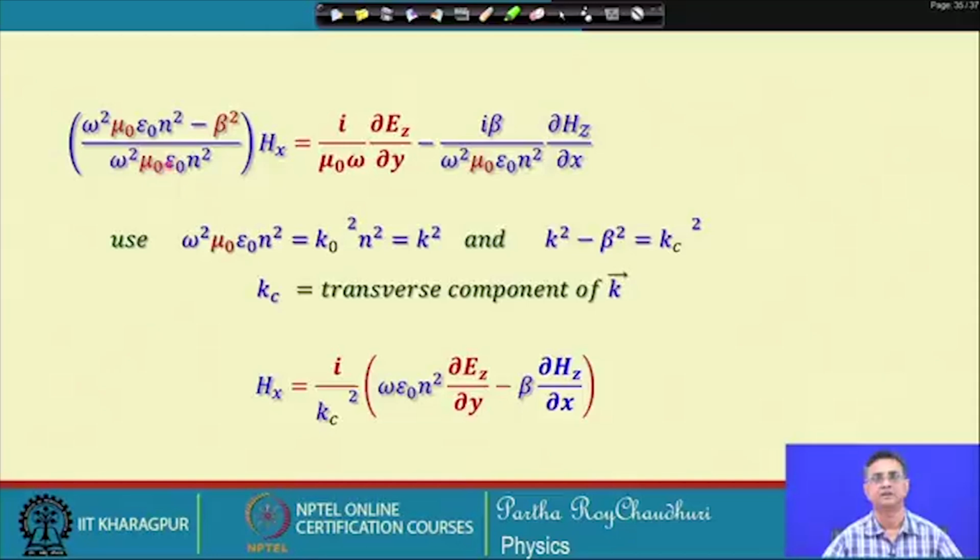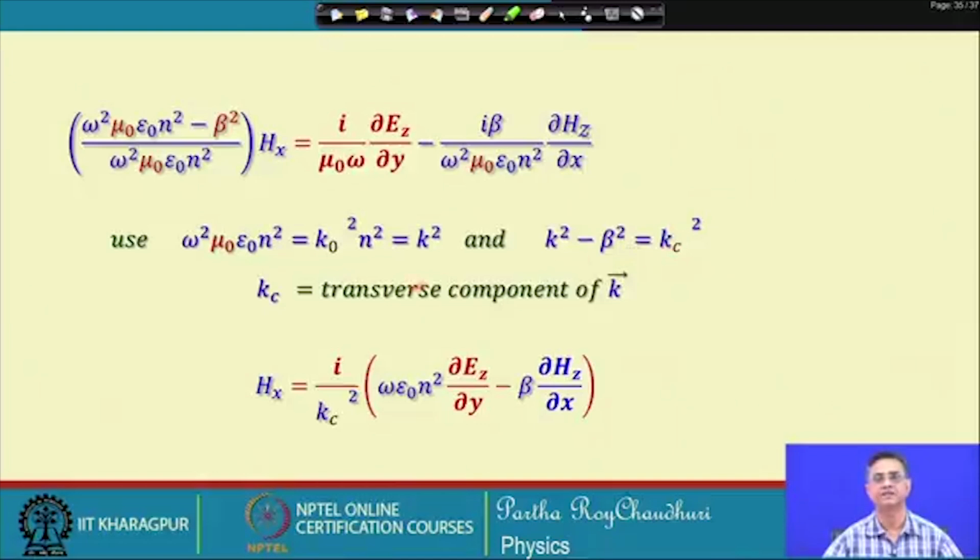Here, this quantity epsilon mu naught n square, you can make out what it is. Epsilon naught mu naught is equal to 1 by c square. So, omega square by c square is k 0 square into n square, that is equal to k square. And k square minus beta square is equal to k c square, we write simply here.